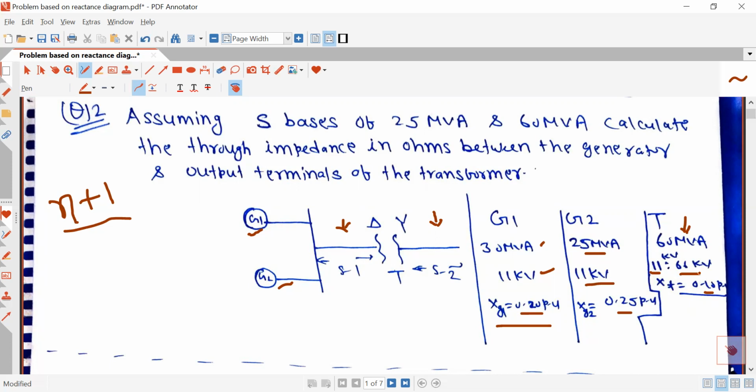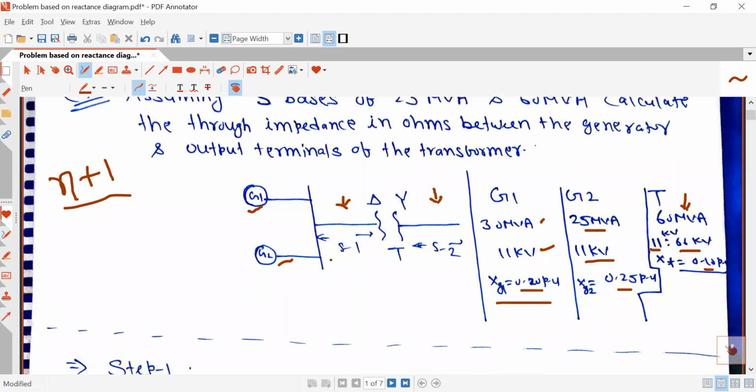In a block diagram, reactance value will be on the rating of the component. But in reactance diagram, the base value for the reactance will be common for the entire power system. So all reactances will be on the same base value in the reactance diagram, but this is not the case of block diagram.